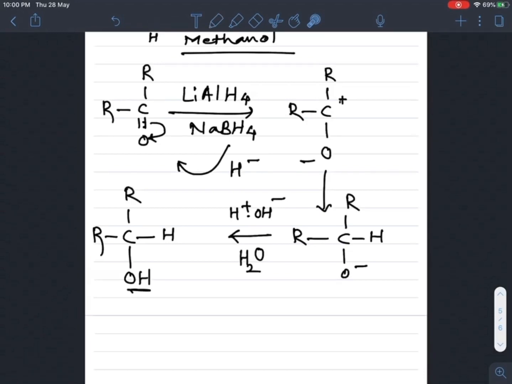So if you observe, the CH-OH group containing alcohol is formed. That's why ketones are converted into secondary alcohols.